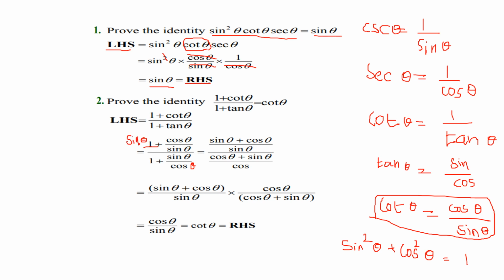So sine theta and divided also by sine theta, so that sine theta is the common denominator and the numerator will become sine theta plus cos theta. And the whole term divided by, and here we have to multiply and divide by cos theta with the first term.